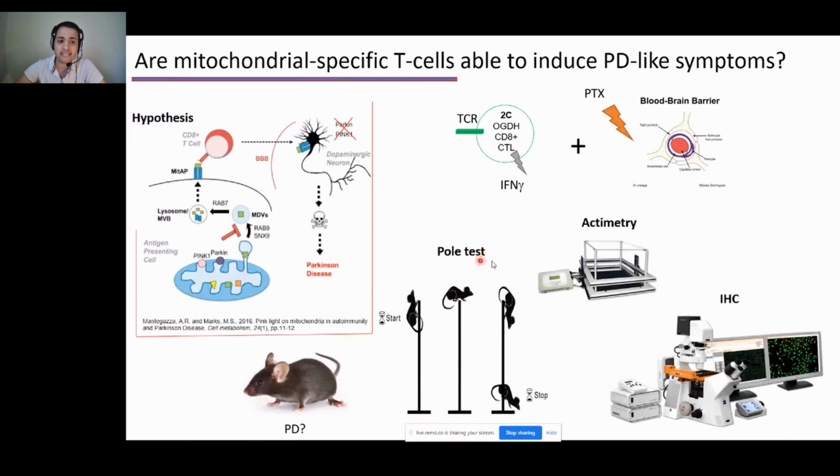After that, we validate the movement disorder via different assays. The bull test is a reliable test to validate movement disorder by putting the mice upside down and counting the time the mice take to descend the bull. Also, we do actimetry, which tests both movement and behavioral activity of the mice. And finally, we check neurodegeneration via immunohistochemistry.